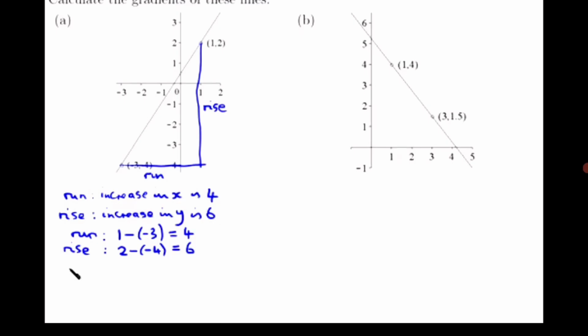Now the gradient, as I said, is equal to the rise divided by the run. Well, that's 6 divided by 4. 6 over 4 is equal to 3 over 2, and that's equal to 1.5.